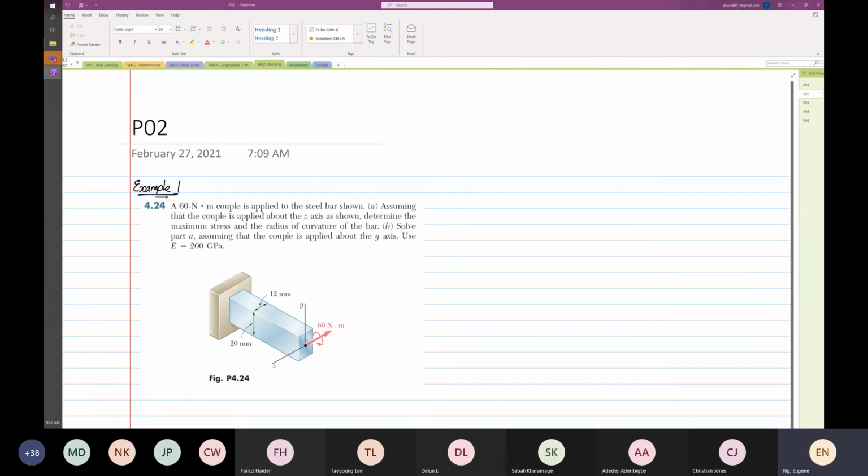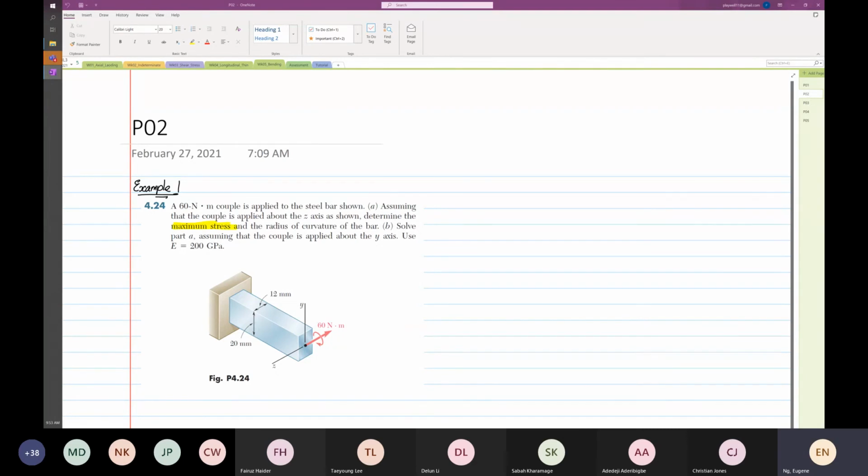A 60 newton-meter couple is applied to the steel bar shown. Assuming that the couple is applied in the z-axis, determine the maximum stress. We are just going to focus on the maximum stress for now.